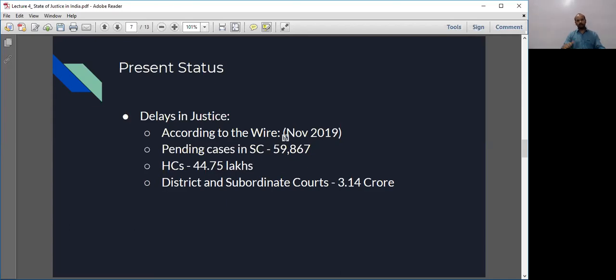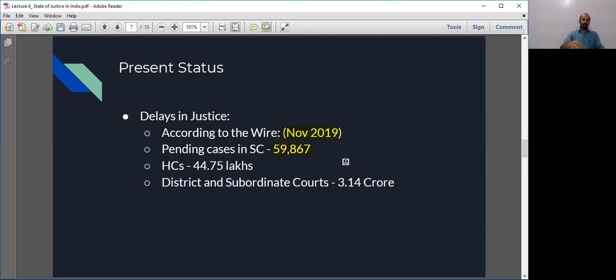Now, when you see India, you will find that at present there is delay in justice, or let's say there are several pending cases throughout India. According to The Wire report of November 2019, the number of cases pending in the Supreme Court was 59,000, something around 60,000 cases.